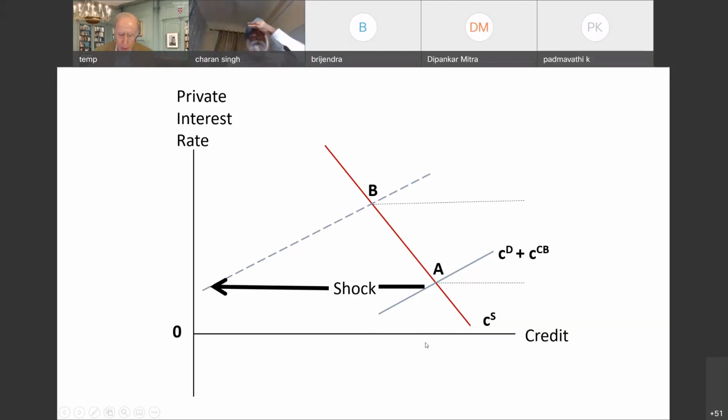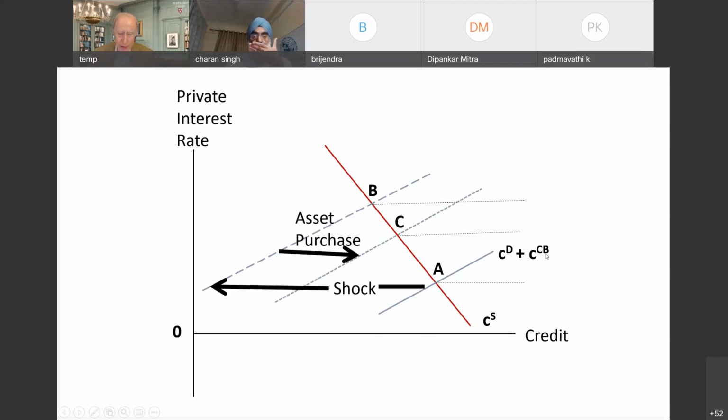And when the central bank then would respond, as central banks did, by buying in credit, the demand from the central bank, in effect, is added to the demand by private sector investors.